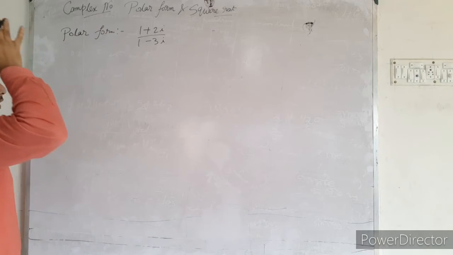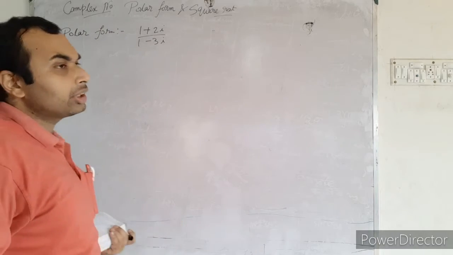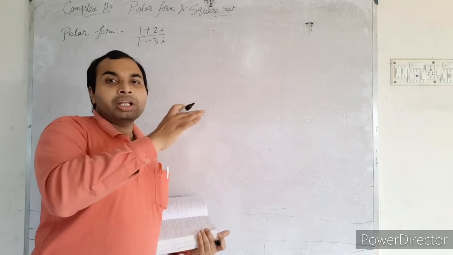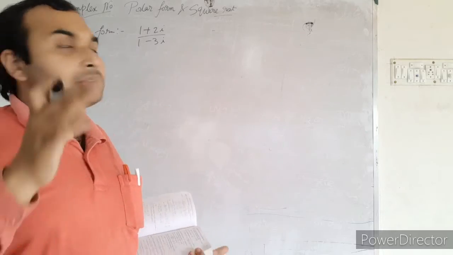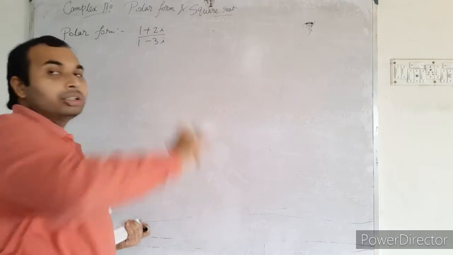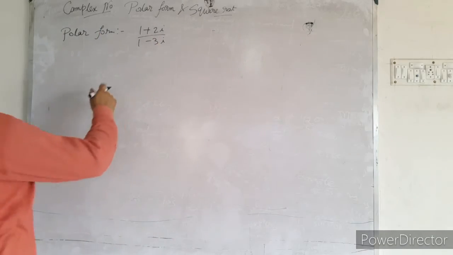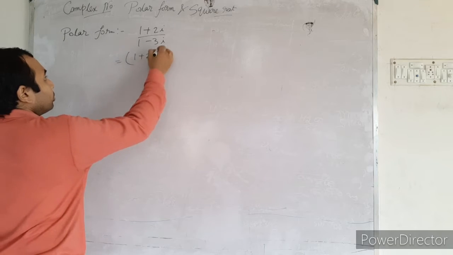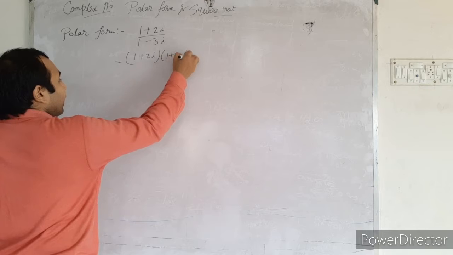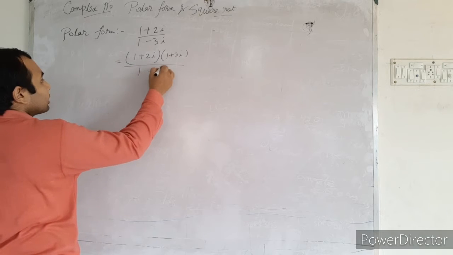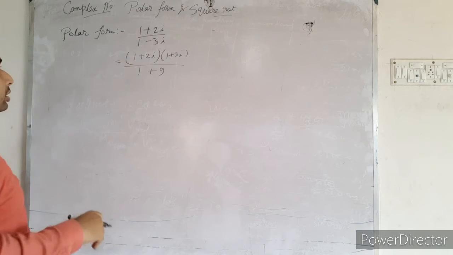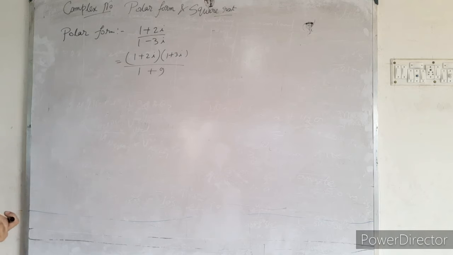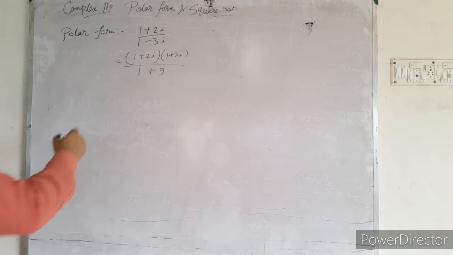Here the simple trick, the most simple trick, is that you have to multiply both the numerator and denominator by the complex conjugate of the denominator. So here it is 1 plus 2i into 1 plus 3i, and the denominator will be 1 plus 9, because 1 minus 9i squared, i squared means minus 1, so that will be plus, so 1 plus 9 it will be.